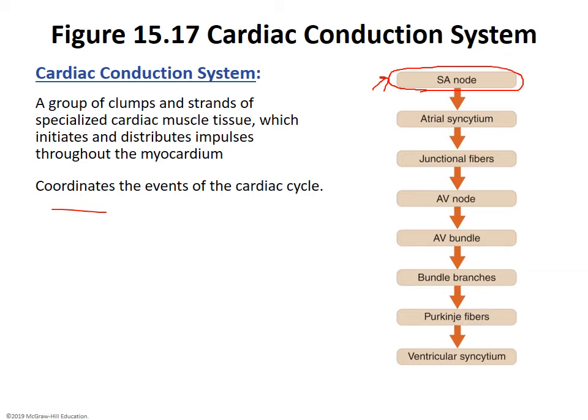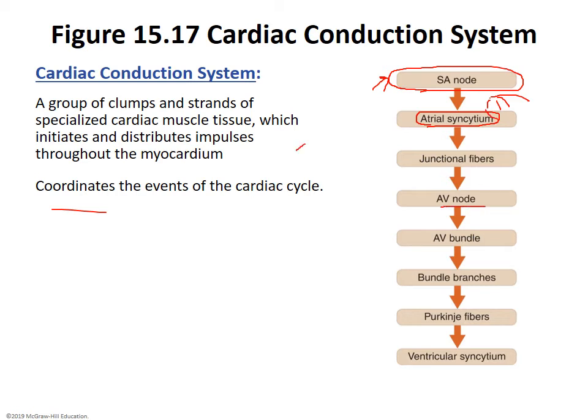Your heart can beat if you cut off all neural connection to it. As long as it has blood flowing to it and oxygen getting to it, this SA node will continually cause the heart to beat. Now, it passes along between the right and left atrium, and this is the part we just looked at where we called the atrial syncytium, and it will all converge together on the AV node.